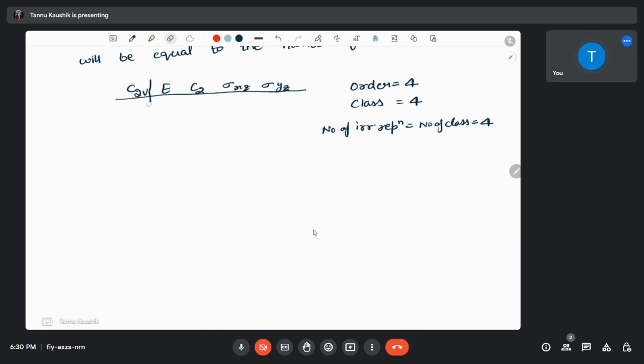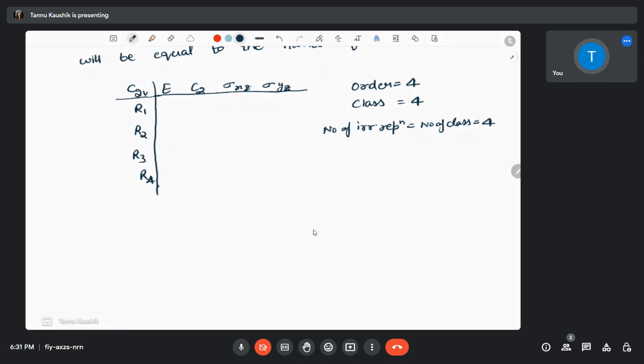So we will have four irreducible representations, R1, R2, R3 and R4. So what will be the elements in this group?